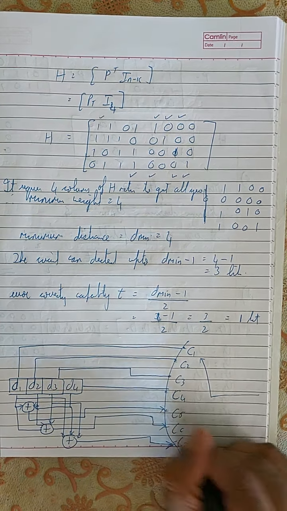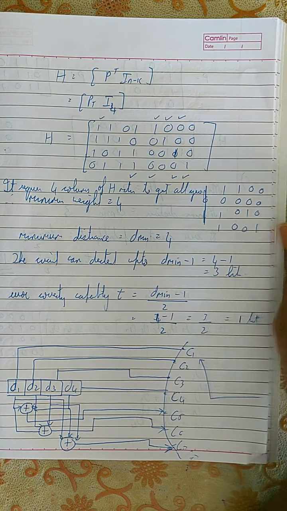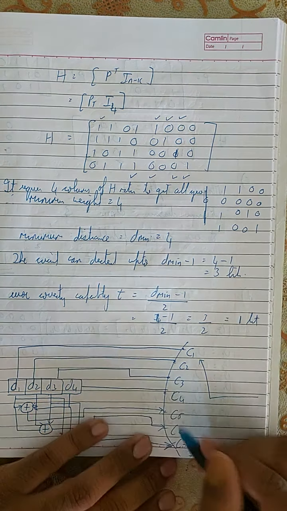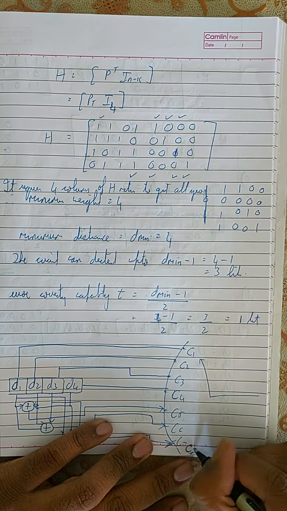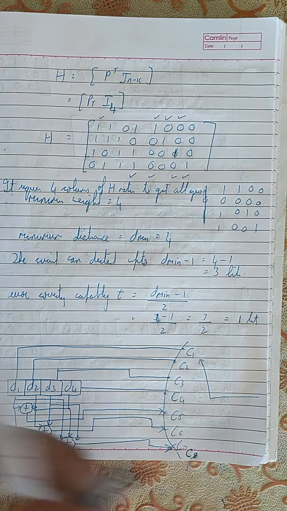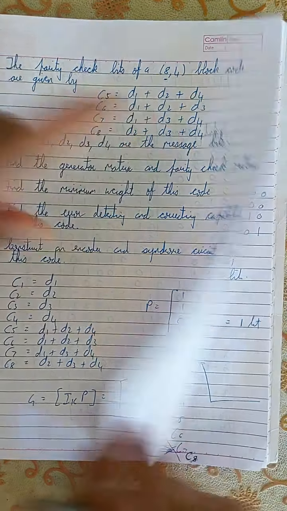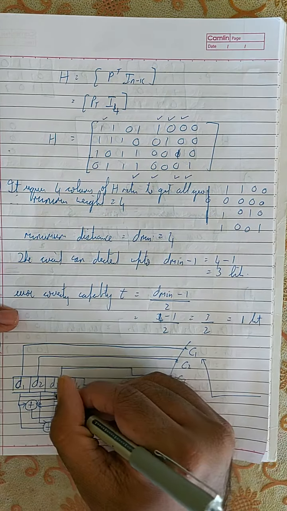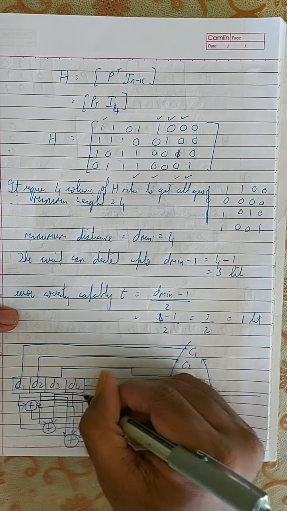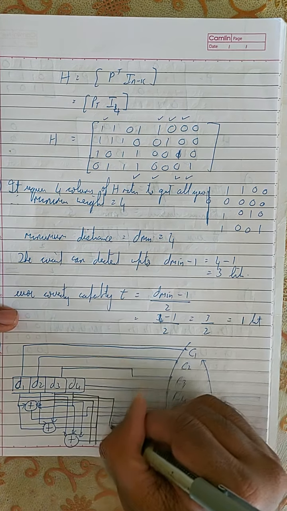And what is the equation for C8? The equation for C8 is D2 plus D3 plus D4.